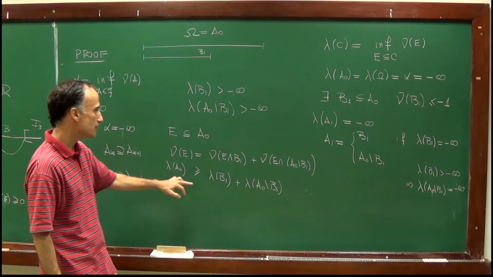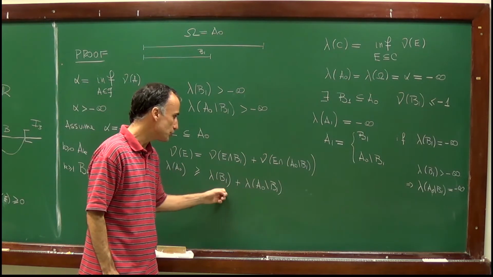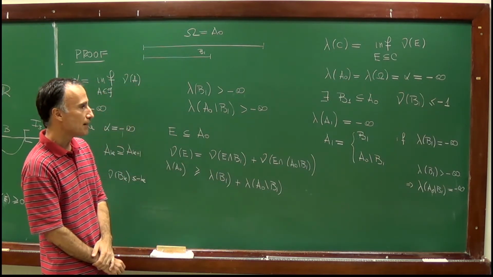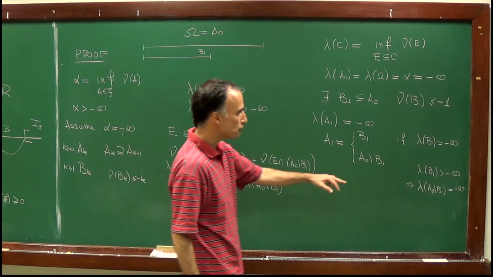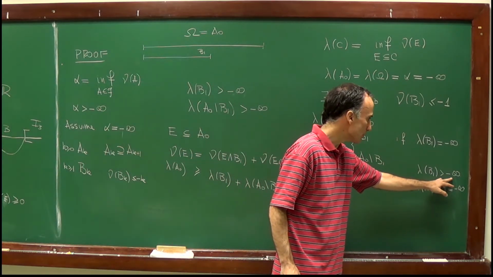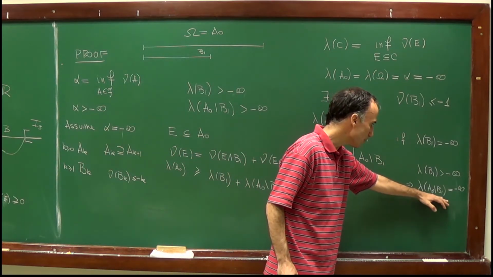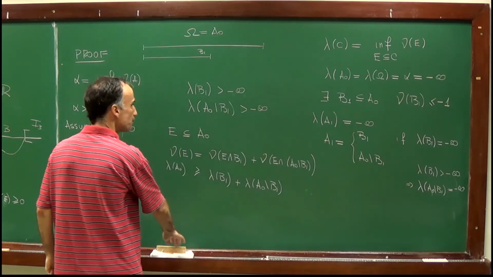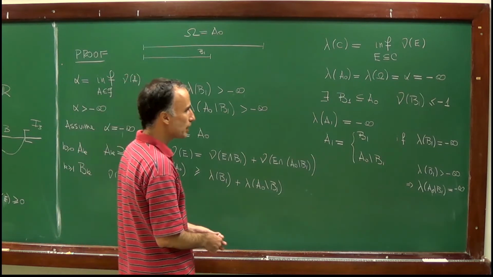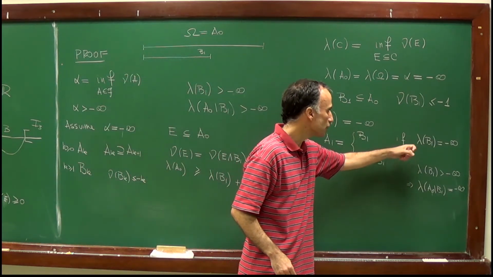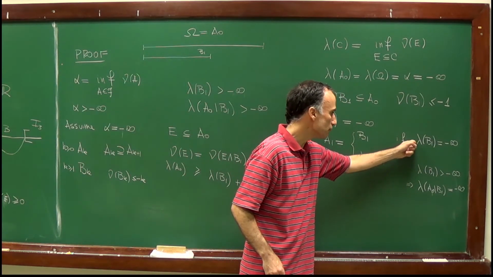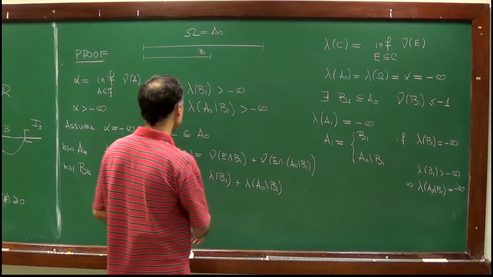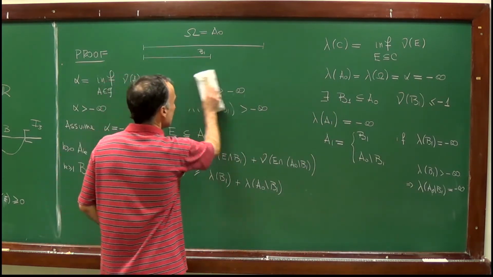So we just proved that lambda of A0 is larger or equal than this sum, and since this one is minus infinity, at least one of these two has to be equal to minus infinity. Therefore, if lambda of B1 is strictly bigger than minus infinity, we must have that lambda of A0 minus B1 is equal to minus infinity. Okay, so this proves that we have this dichotomy. If this one is not minus infinity, then this one has to be minus infinity.